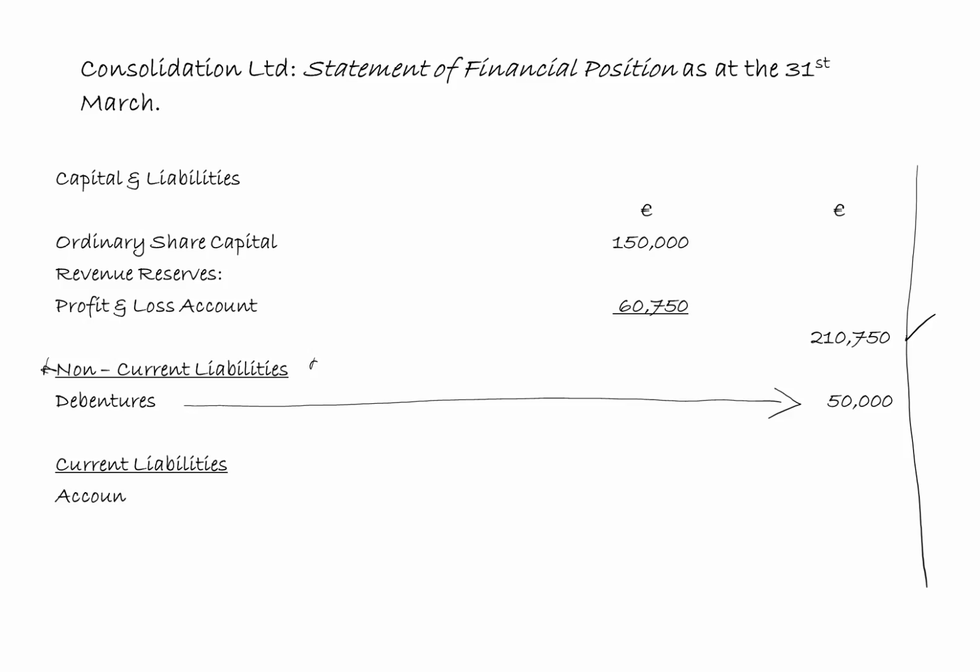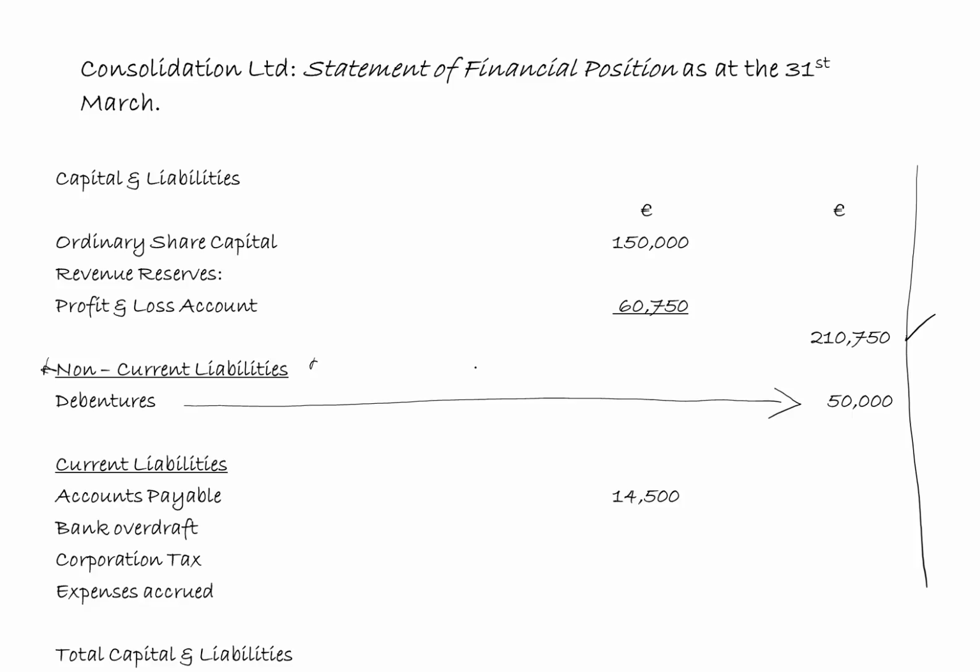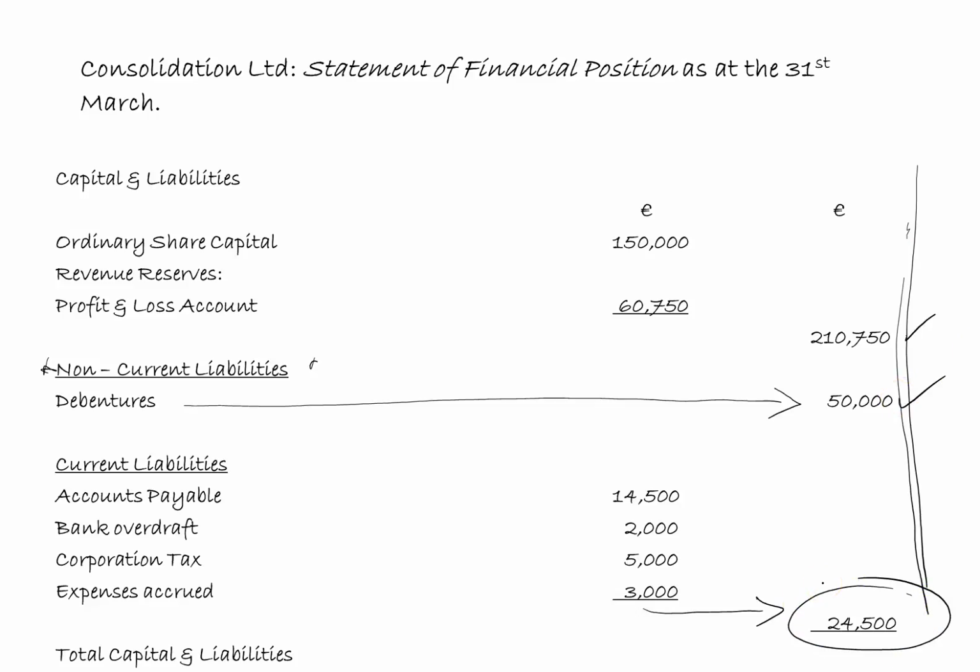So if I just list them there, the accounts payable, the bank overdraft, we have the corporation tax, and we have the expenses accrued. Now I'll just put those figures in. The accounts payable, 14,500. We have the bank overdraft, 2,000. We have the corporation tax of 5,000, and the expenses accrued of 3,000. Now I'm going to bring this over here and line it up underneath the ordinary share capital plus reserves plus the non-current liabilities, and then I'll also have here now my current liabilities.